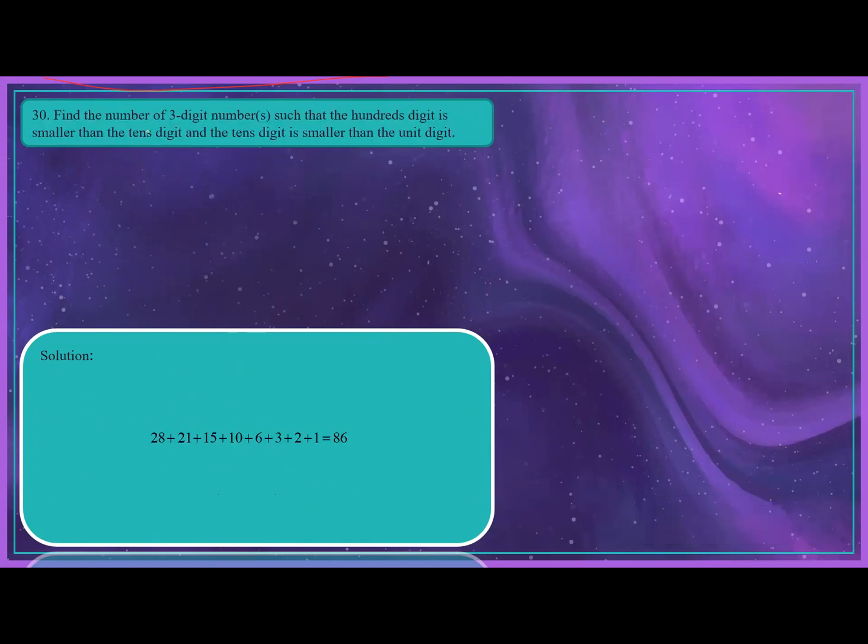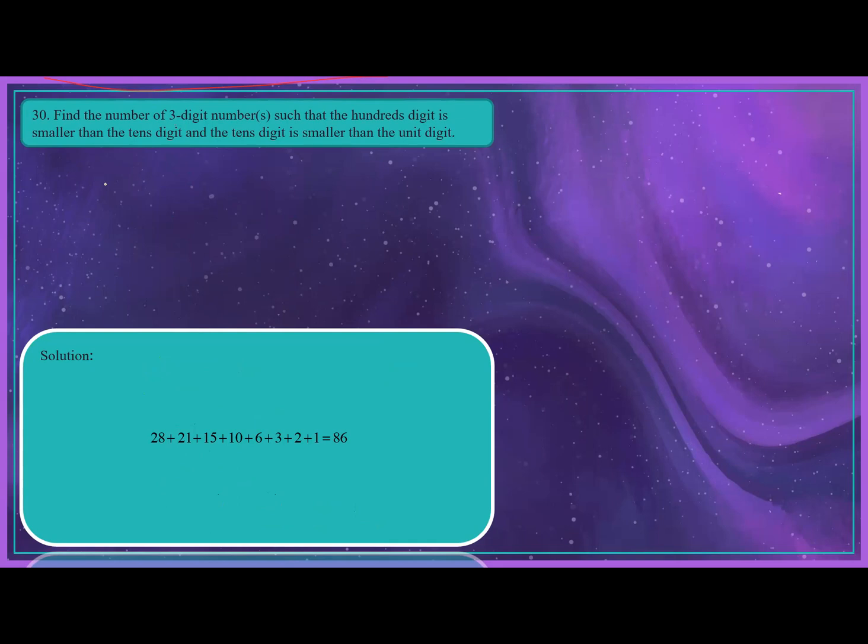Okay, so find the number of 3-digit numbers such that the hundreds digit is smaller than the tens digit and the tens digit is smaller than the units digit. Basically the largest one should be the units digit, right?